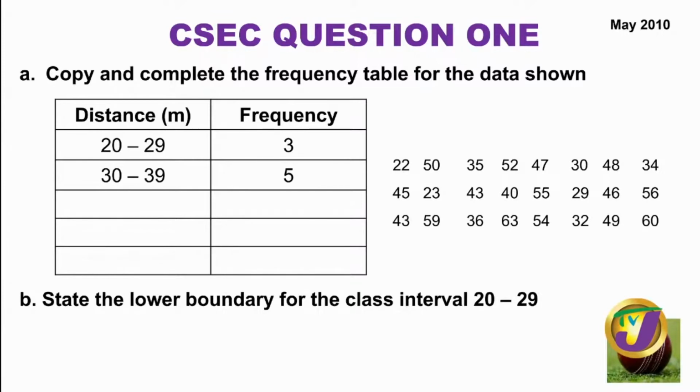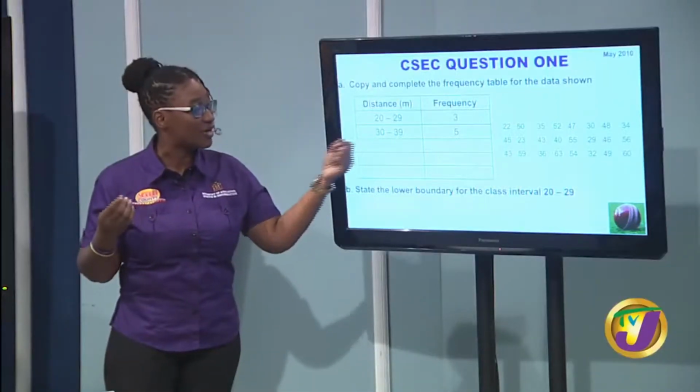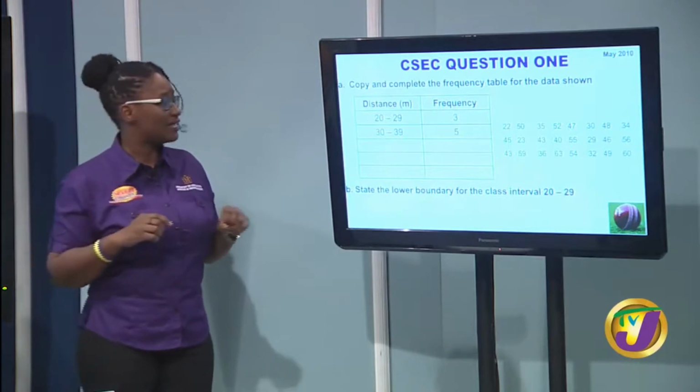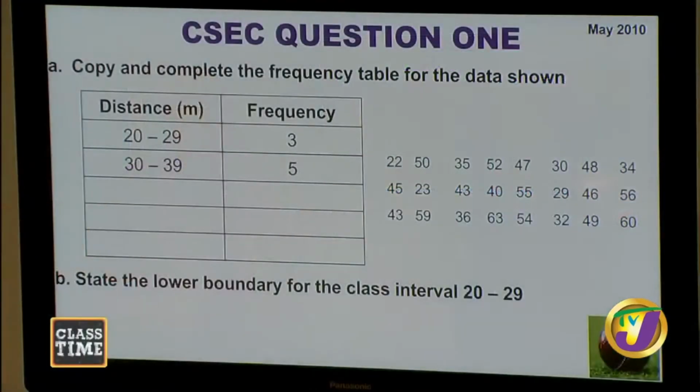So values such as 20, 21, 22, 23, 24, 25, 26, 27, 28, and 29 would fall in this particular class. Right. And similarly, the second one, 30 to 39. So I would think, Latoya, that the next class interval would be 40 to 49.